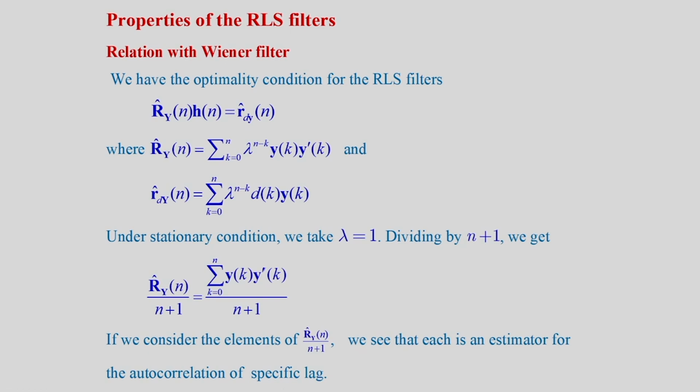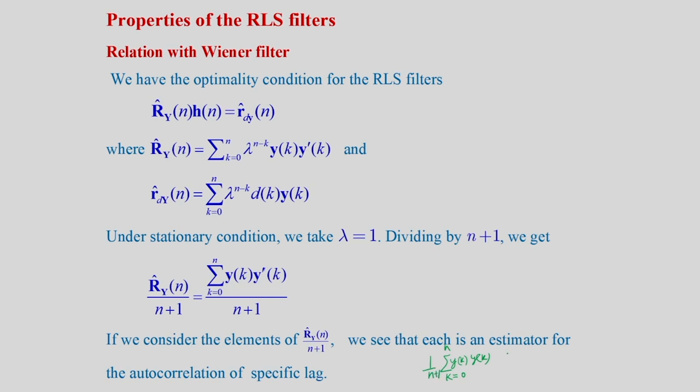So, for example, the first element of this summation will be yk into yk, summation k going from 0 to n and then divided by n plus 1.